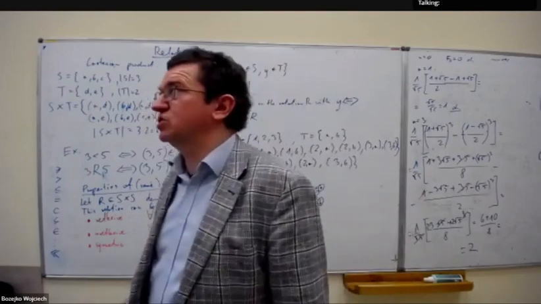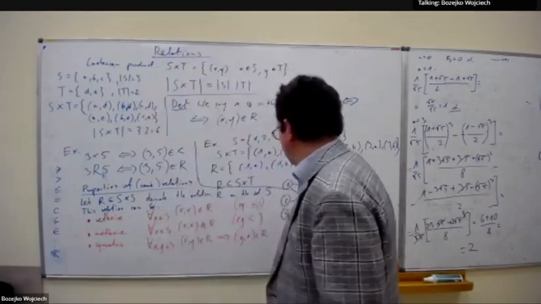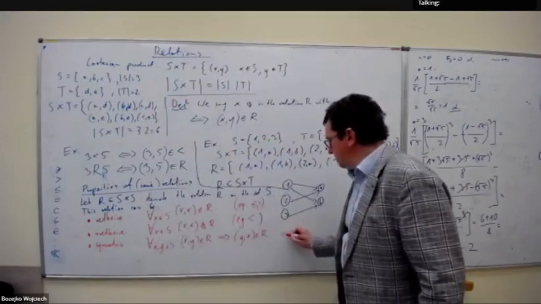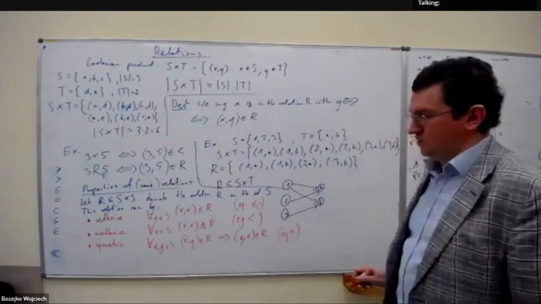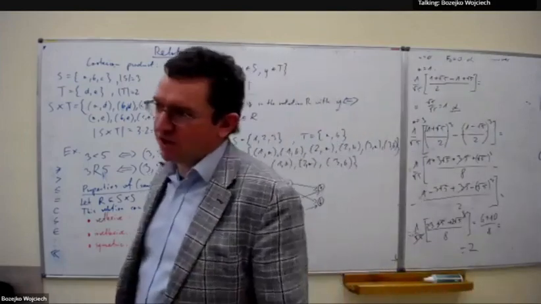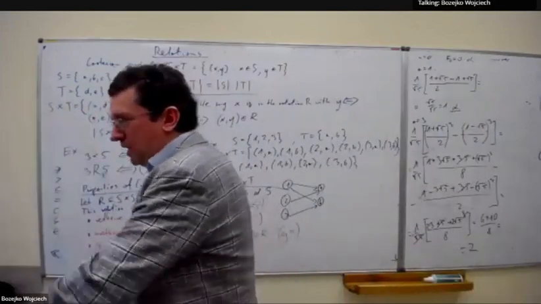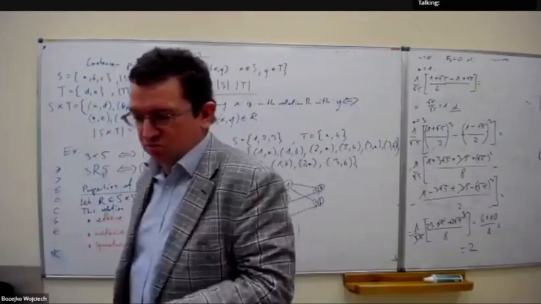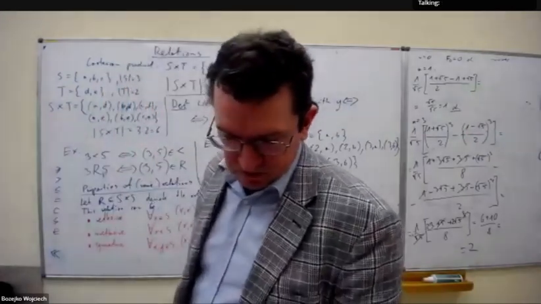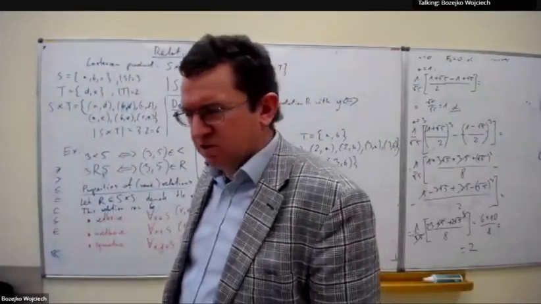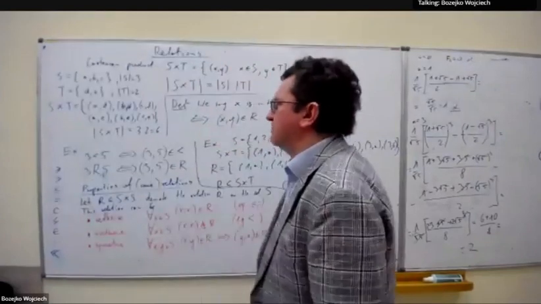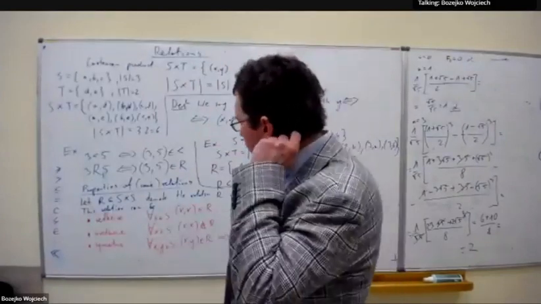This is a symmetric relation. For example, the relation being equal is symmetric. If X equals Y, then Y equals X. In the sense of being equal, because sometimes this notation is not so obvious.